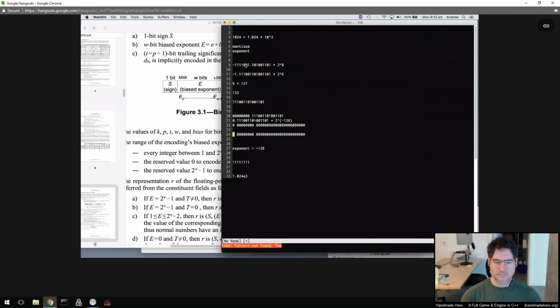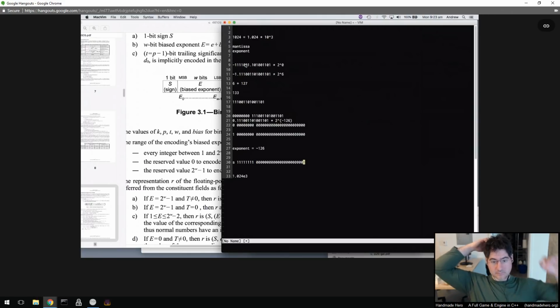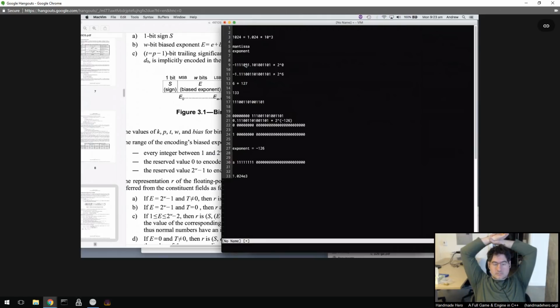So that, in a nutshell, is IEEE floating point. Oh, just so we're absolutely certain what we know: there's a sign bit, and the exponent field is all ones. Infinity is if the fraction field is all zeros. That's the representation for infinity, with the sign bit indicating whether it's positive or negative infinity.